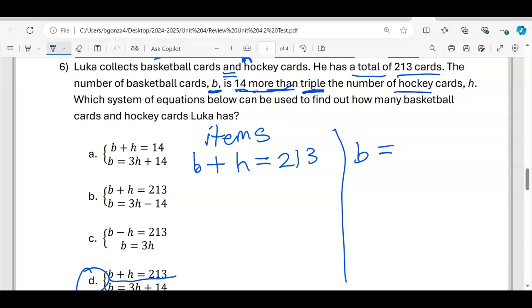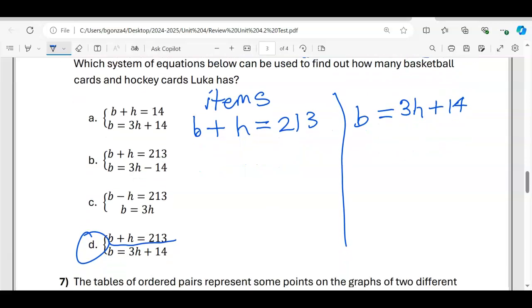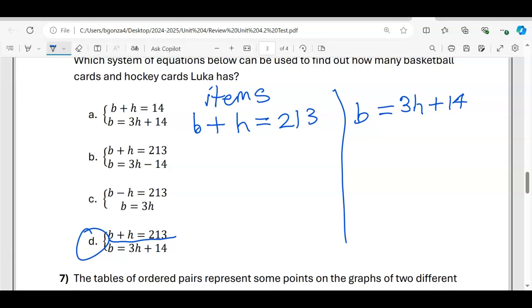Now when it says 14 more than, you're adding 14, right? More than is like plus sign. More than what though? Triple hockey. So you're going to start with the triple hockey, 3 times H. You'll know triple means times 3. And then 14 more means plus 14. And that does match letter D. Okay.